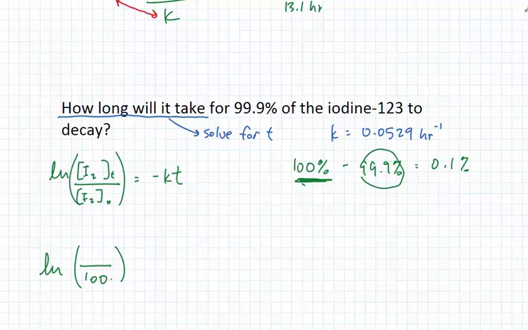So it could be a percent, it could be moles, whatever. As long as those two amounts have the same unit, that ratio works out. So I'm going to just have 0.1 over 100 there, equals negative 0.0529 per hour times t.